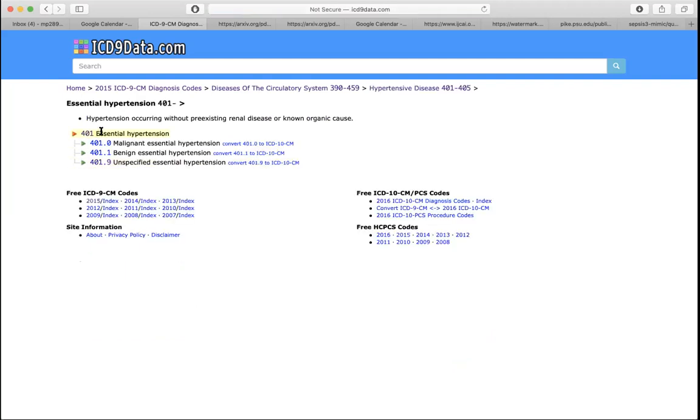There are also different granularities, fine-grained types of essential hypertension, which are malignant, benign, and unspecified. 401.9 is unspecified, and you will see a lot of these codes, especially in senior datasets, datasets of senior patients. You can see that there are different levels of hierarchy.